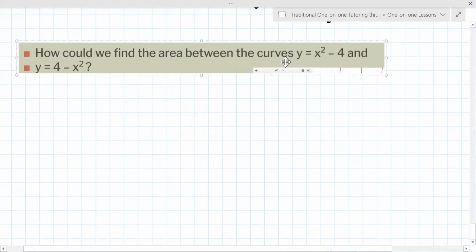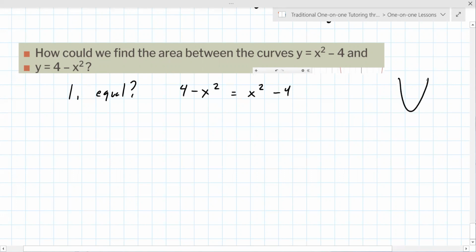Okay, so step one is to literally figure out where they equal each other. So you set 4 minus x squared equal to x squared minus 4. And if you have a graphing calculator, you just click on it, but you won't on your exam. So let's review. Generally, you want to move the x squareds to one side.